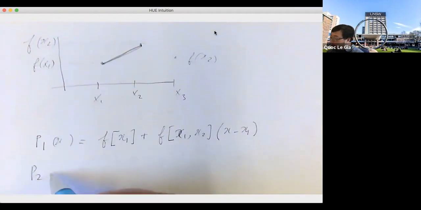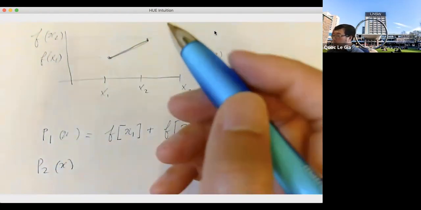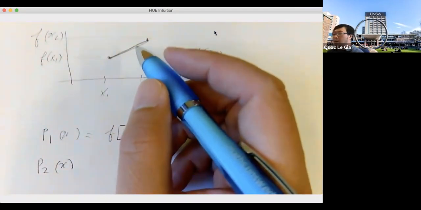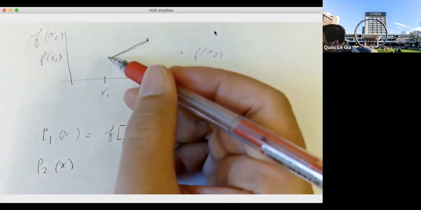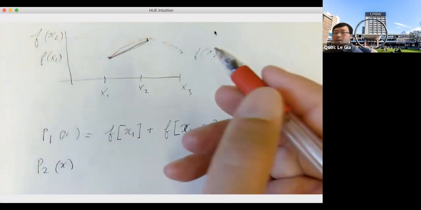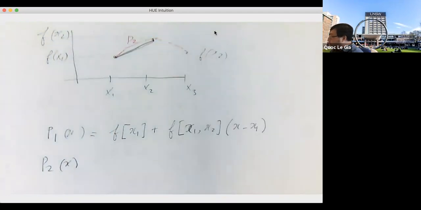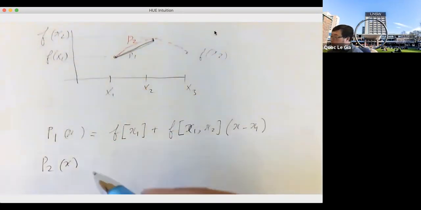P2 now will be a parabola that goes through 3 points. This one is my P2, and this one is my P1.